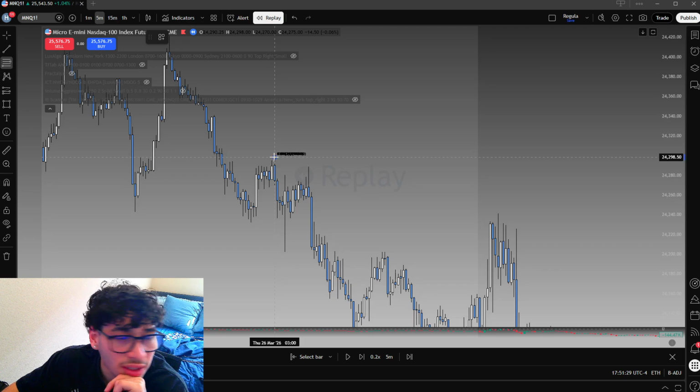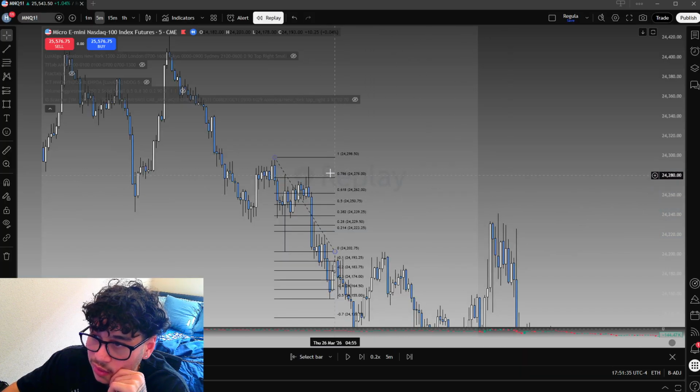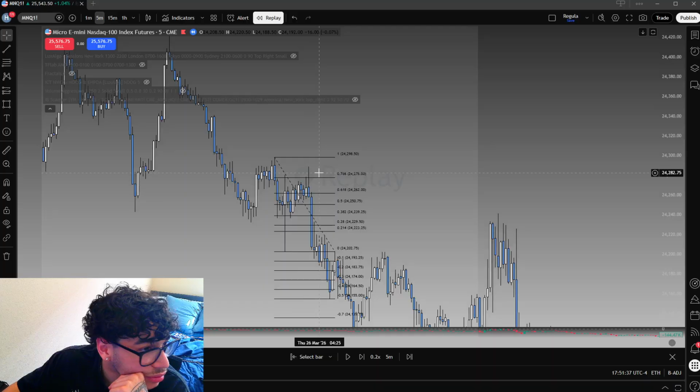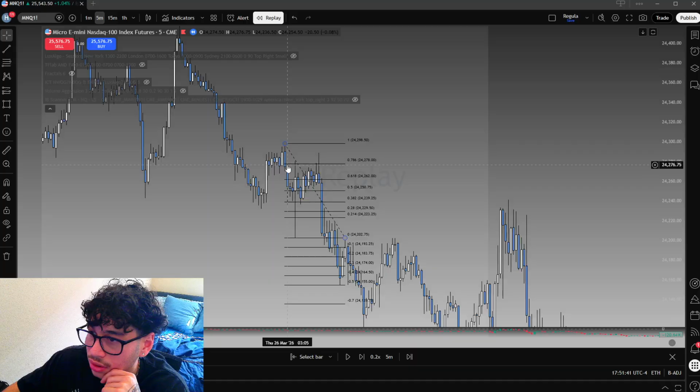The highest leg here, which this would have been insane. Comes back almost all the way, you would probably be in the red here if you were to enter over here.